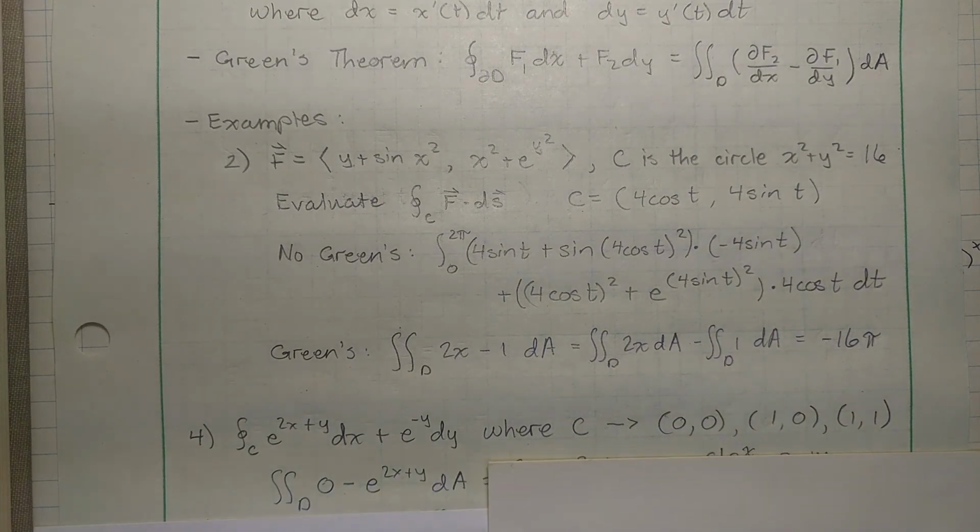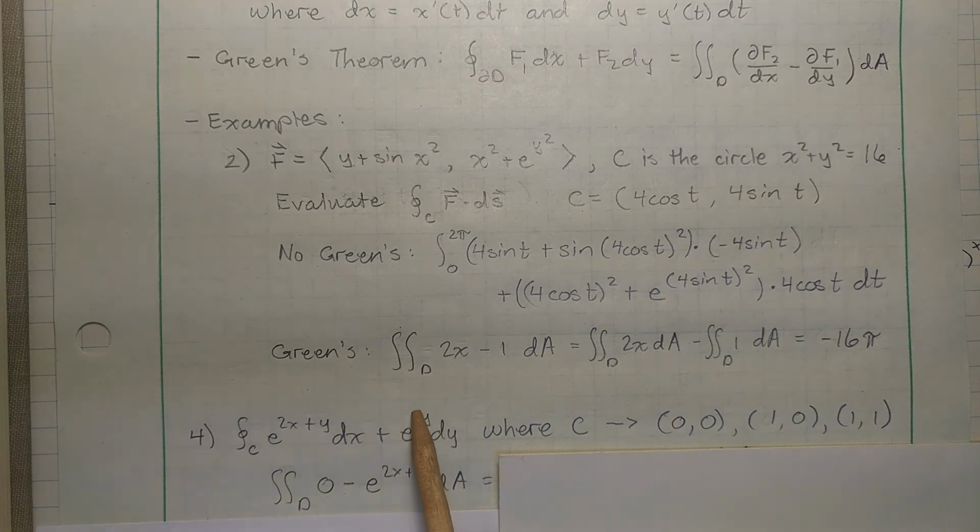First thing I do, I know this will be of the form: I take the derivative of the y component with respect to x, and that's just 0, minus the derivative of the x component with respect to y.